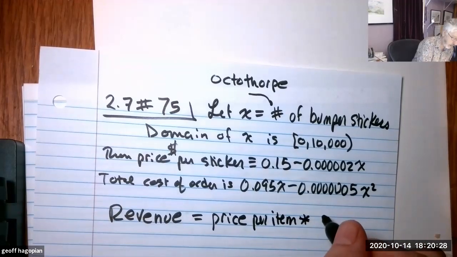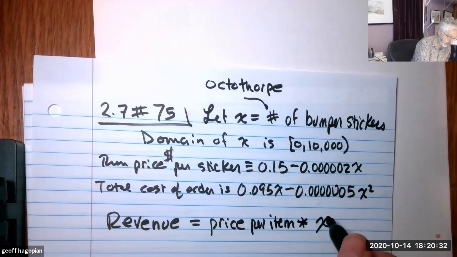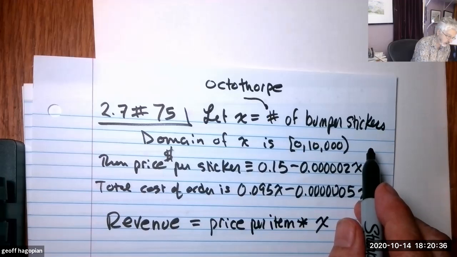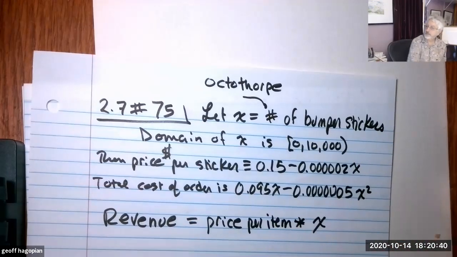Times number of items sold, which is X. Oh, no, this is the number of bumper stickers produced, I guess. So is that the same? Do we sell them all? I don't know. The revenue from an order of X stickers as a product of two functions of X.